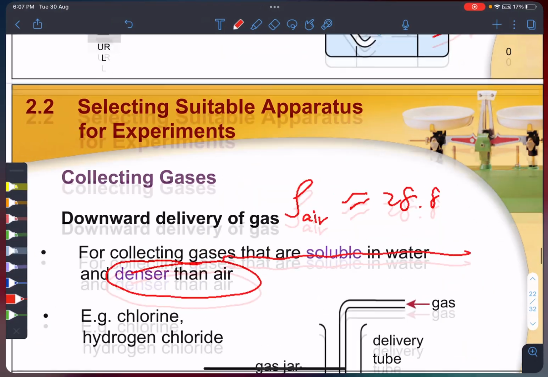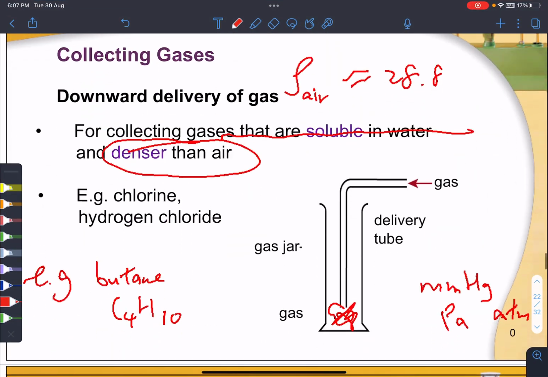The second method is called the downward delivery of gas. Literally, you pump the gas in, it goes down, and it sinks. And why does it sink? It sinks because it is very dense. Then, why is it dense? So, the reference point is this. Air has a density of 28.8.